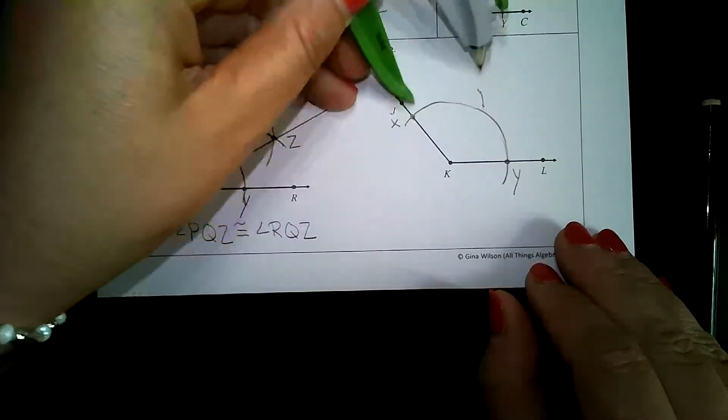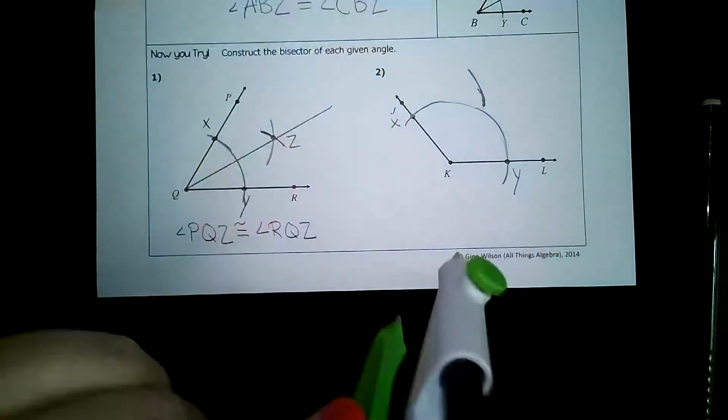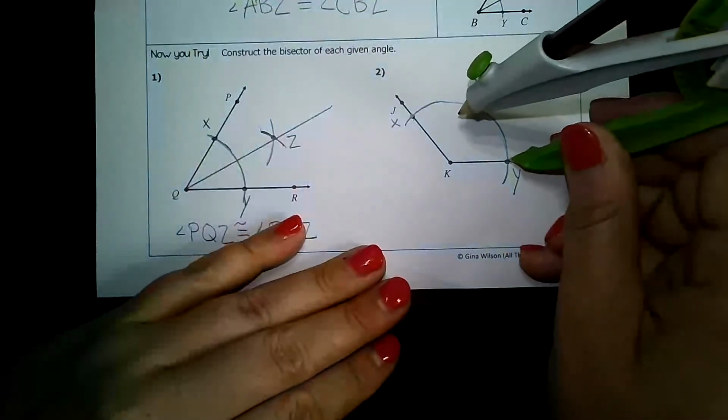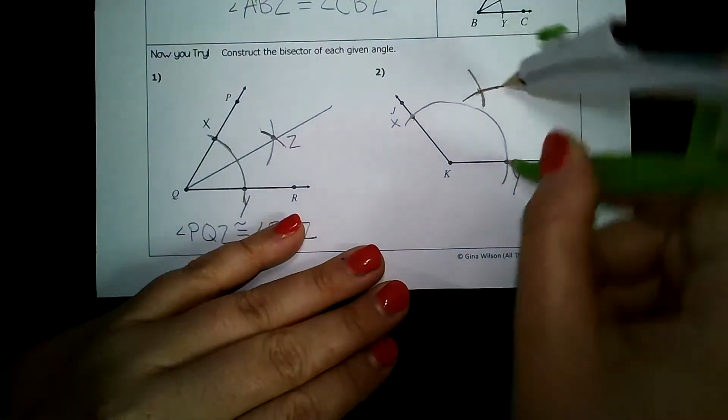Set up at point X and draw half of the intersection. Then don't change your compass setting and make another intersection from Y, another arc.